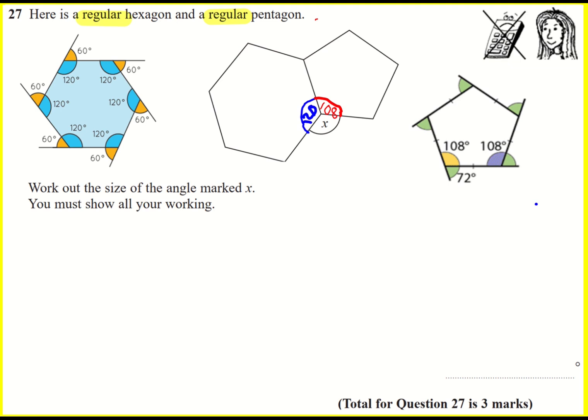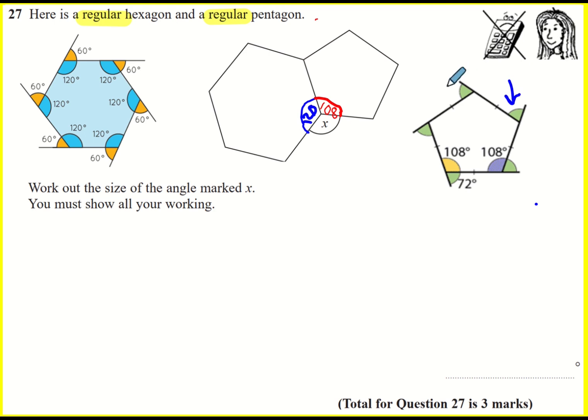The exterior angles, these ones here, on any polygon, whether it's got 5 sides, i.e. a pentagon, whether it's got 6 sides, i.e. a hexagon, whether it's got 7, 8, 9, 20, 100, they always add up to 360.